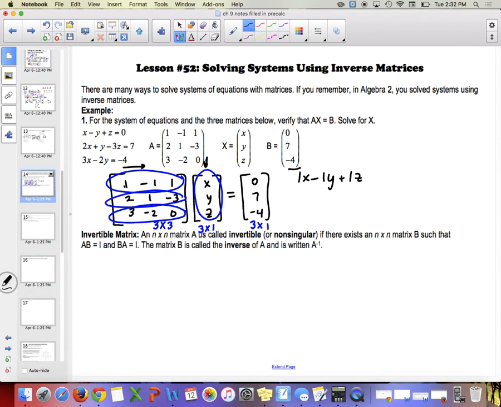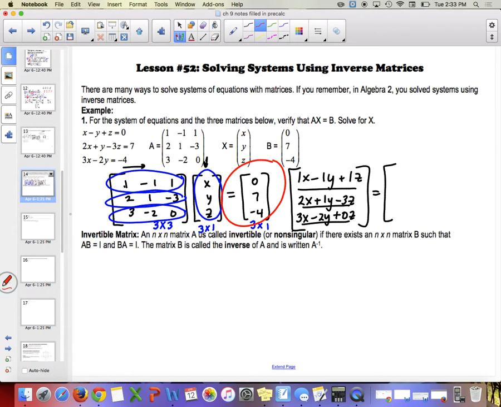And that would go in the first spot of a 3 by 1 matrix. Row 2 would be 2 times x plus 1 times y minus 3 times z, and that would go in the second spot. And the last one would be 3 times x minus 2 times y plus 0 times z. All of that should equal the 0, 7, -4.